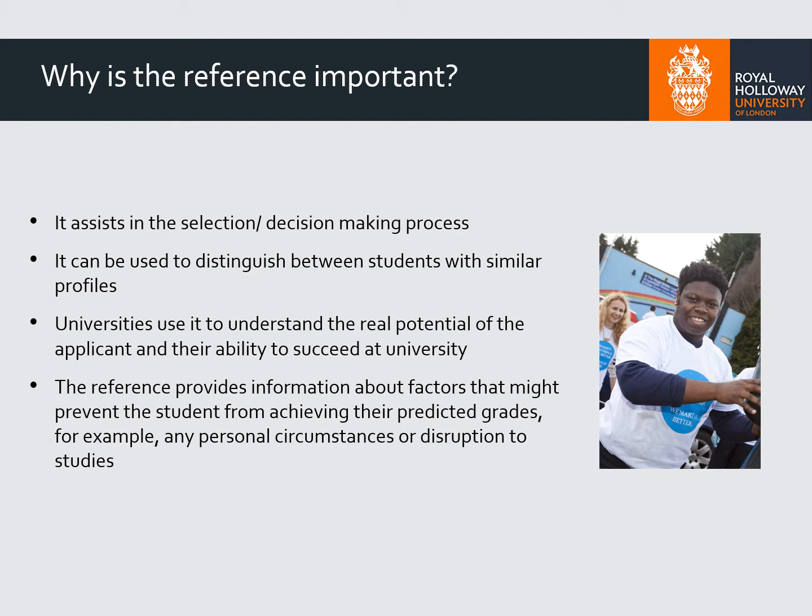It gives the universities a chance to really understand the potential of the applicant and their ability to succeed at university, and also provides information about anything else that the university should know, so any personal circumstances or disruption to studies.